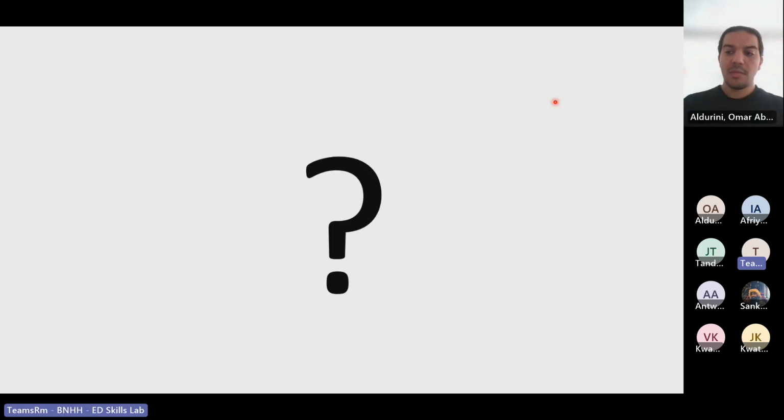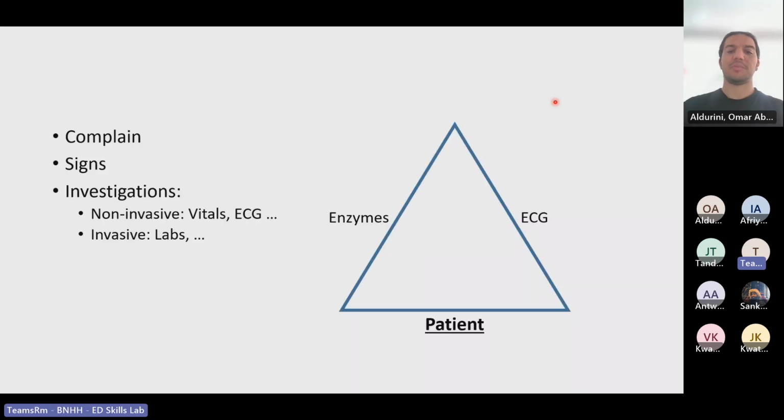So how do we suspect ischemia in a patient? We usually depend on our patient. So we have a triangle. The base of the triangle is the patient: the complaint of the patient, and the signs that are present in the patient. Then we have two other arms to the triangle.